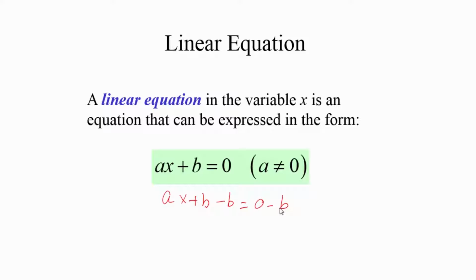Since we are adding or subtracting the same term to both sides of the equation, nothing would happen to the value. So b and minus b would cancel. So here I would have ax equals 0 minus b, which is minus b. Now I'm going to divide both sides of the equation by a. So this a and this a would cancel. Therefore, x would be equal to minus b divided by a.